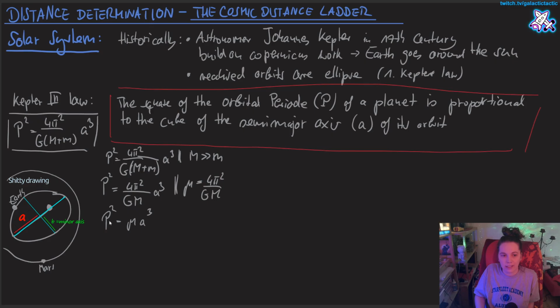And we say, okay, this is the period of Earth, and this is the semi-major axis of Earth. And now we introduce another planet, Mars. So we have the period of Mars and the semi-major axis of Mars. And we're just going to rearrange this formula to replace this.